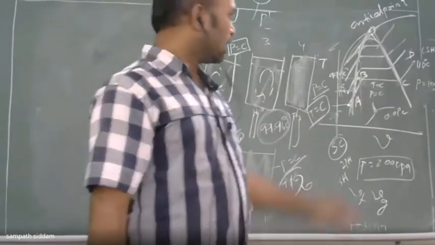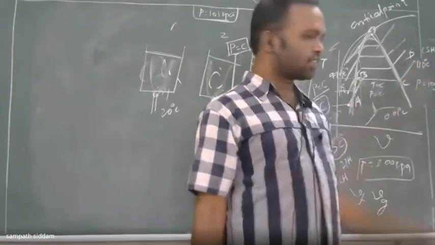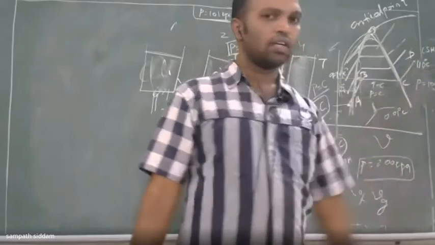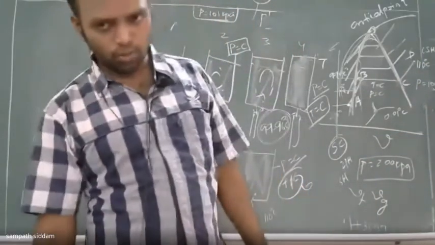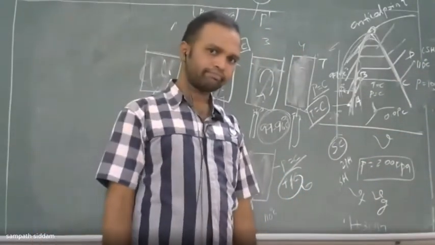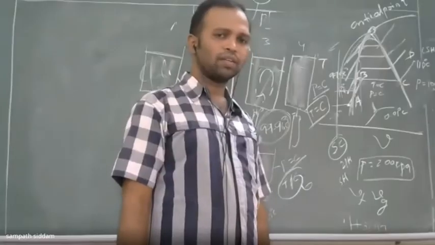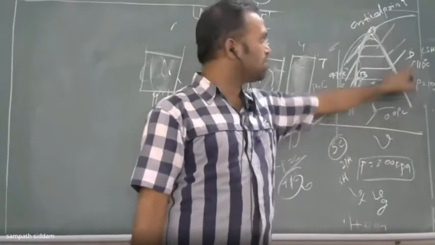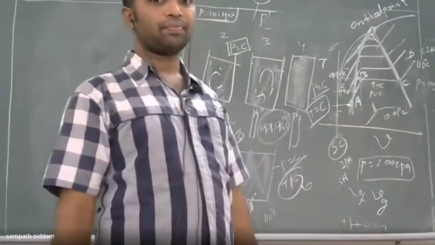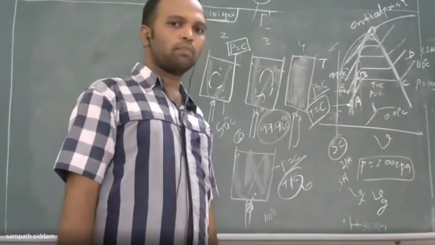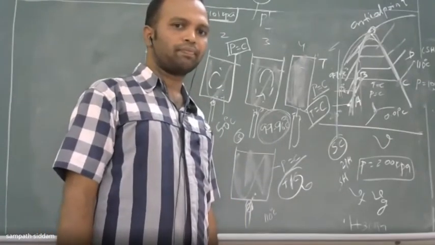Okay, and next, after this dome region, in the superheated region, C to D, how many independent intensive properties are required?